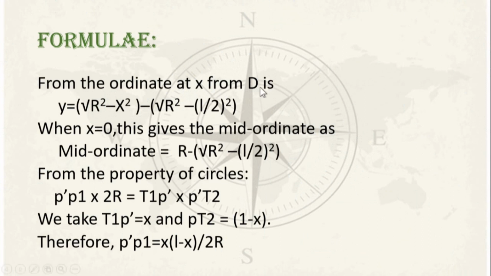Along the x coordinate, this formula is used, and here x is eliminated and you get this mid ordinate, and from the property of circles you get these formulas and it is derived into this.